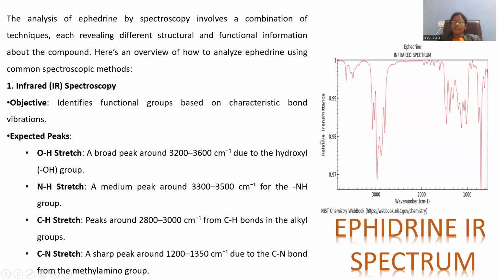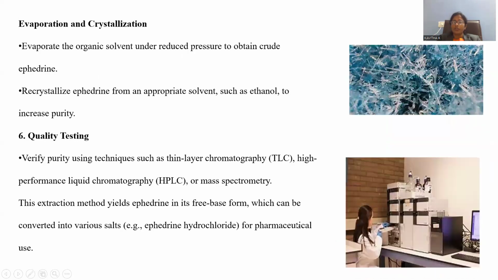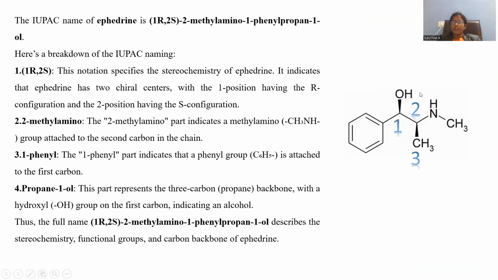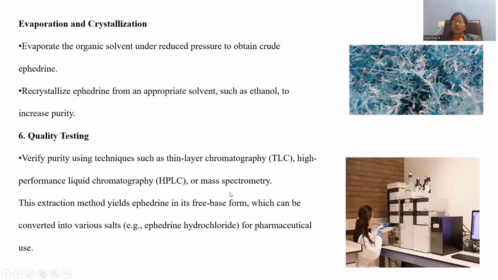This peak denotes what kind of functional group is present. According to the data provided, an OH group is present in the compound. You already noticed the compound has an OH functional group, and the amine is also there. So IR spectra are basically meant for functional group identification, and this data is clearly provided by IR spectroscopy.